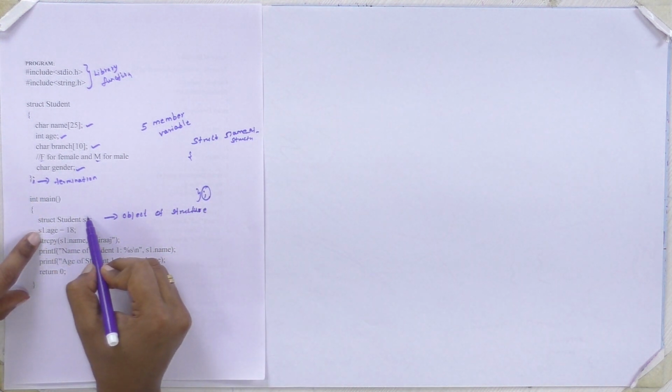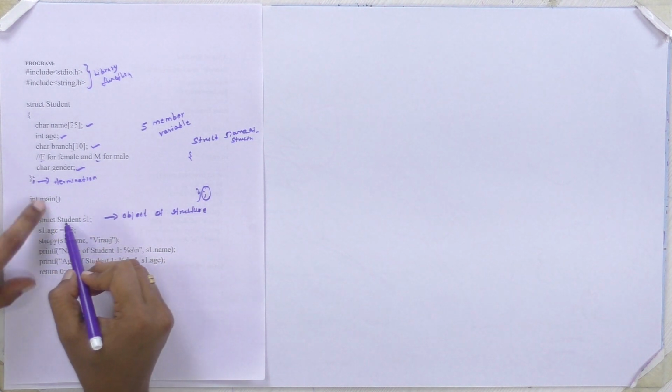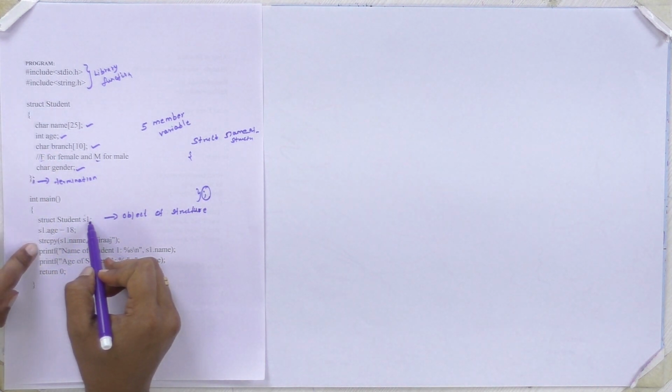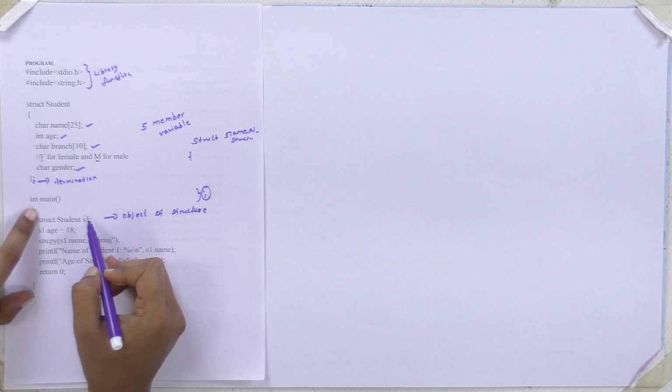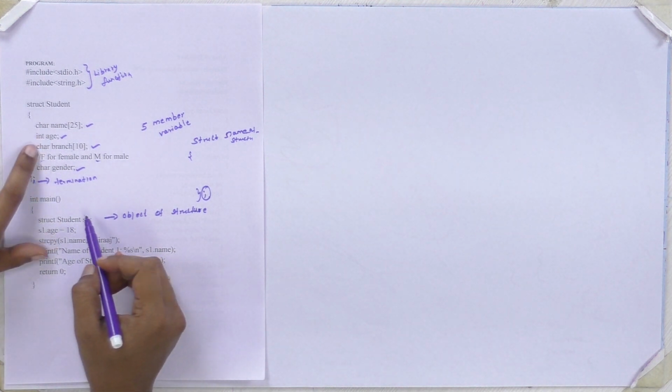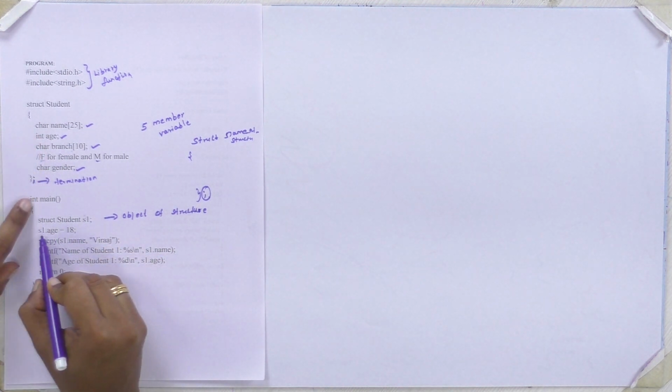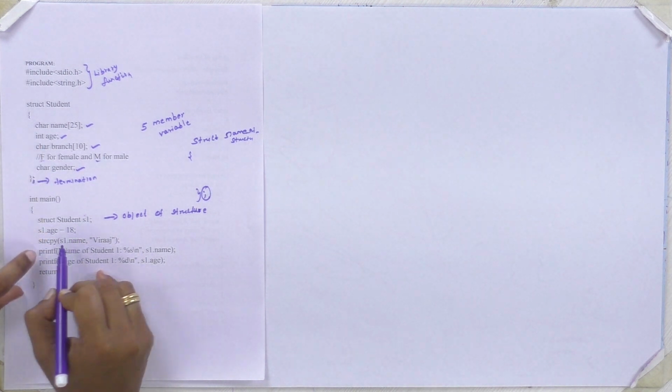So here I am creating an object as S1. So struct student S1. So S1 is the object for this structure student. By using this object I am going to declare the age as S1.age equal to 18.